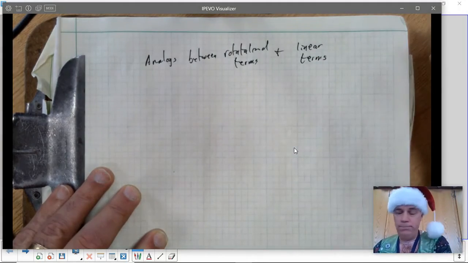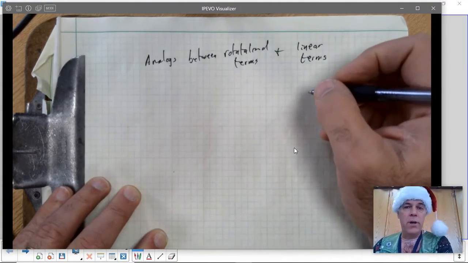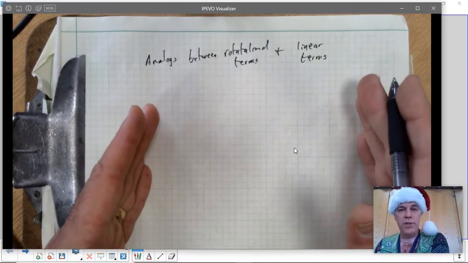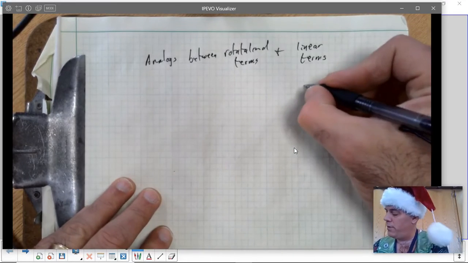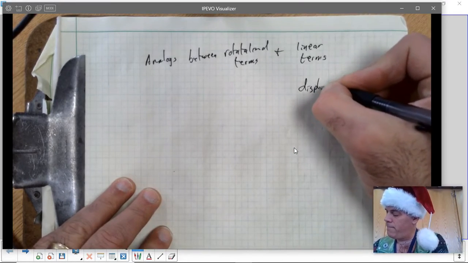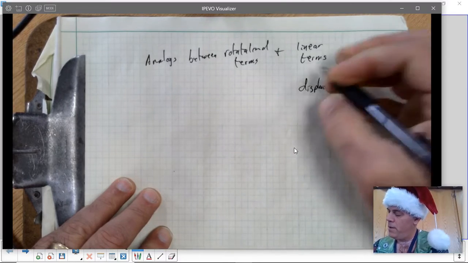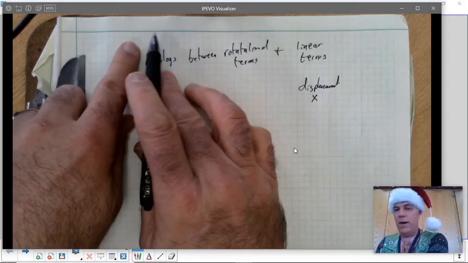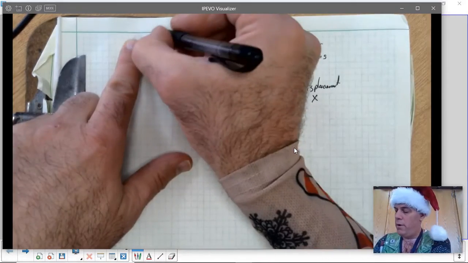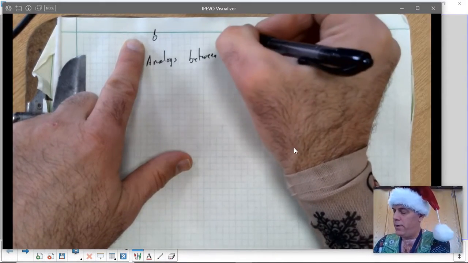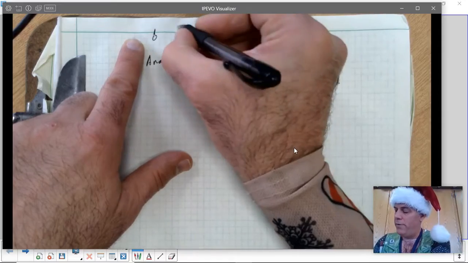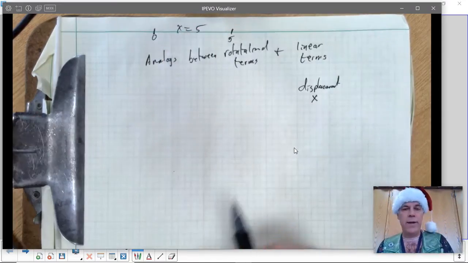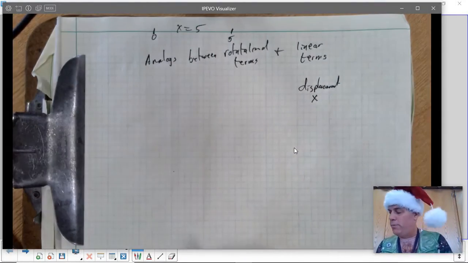So, for example, we measure horizontal displacement as displacement, which is x, right? So if we were measuring along a line up here from 0 to 5, x equals 5, right? X is horizontal displacement.